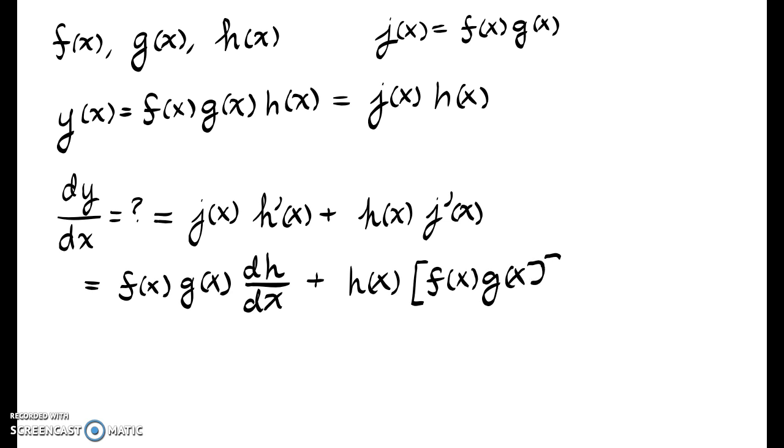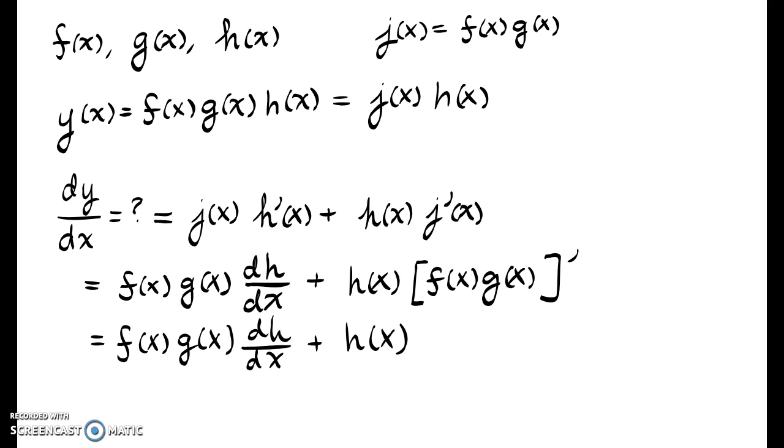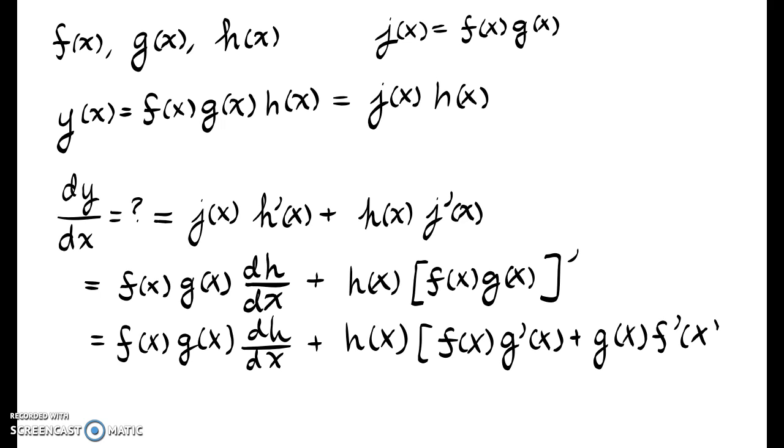So now we're dealing with the derivative of j of x. Let me rewrite that, but only on one side. So once again, we have our front term remains the same, and we can expand the derivative of j of x, or the derivative of f times g of x, to be equal to f of x times the derivative of g of x plus g of x times the derivative of f of x.